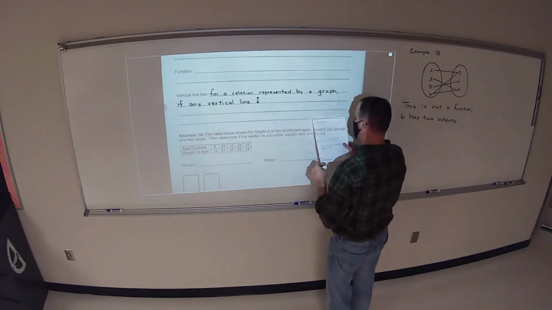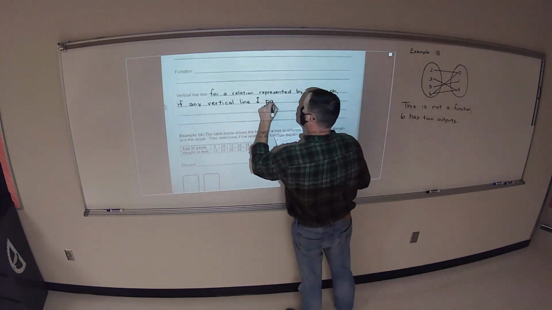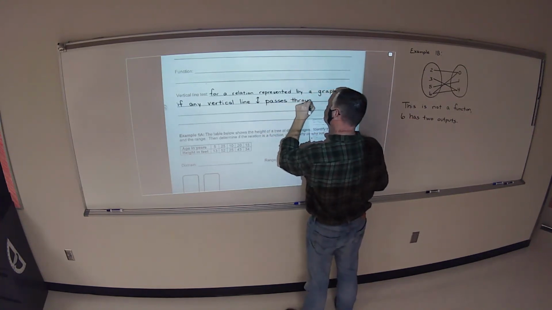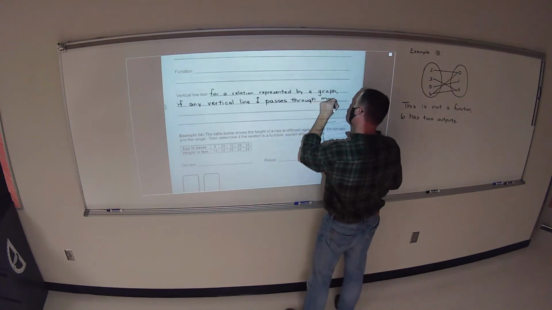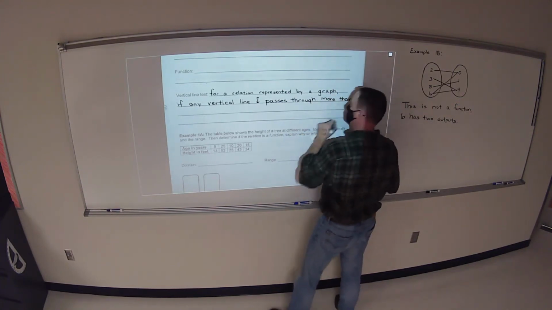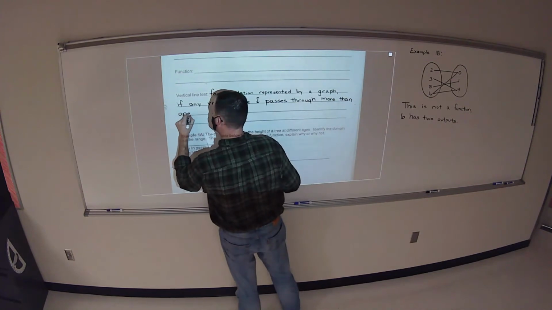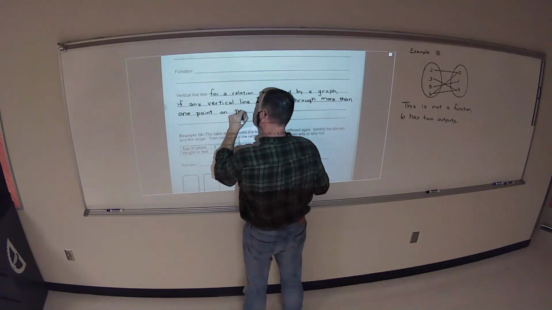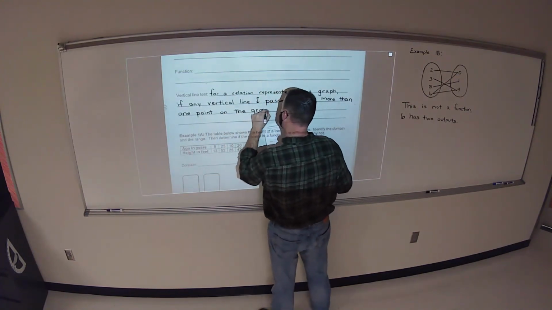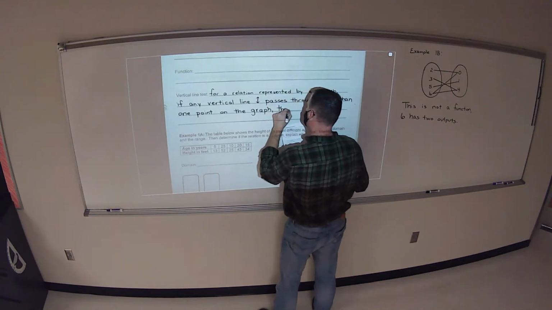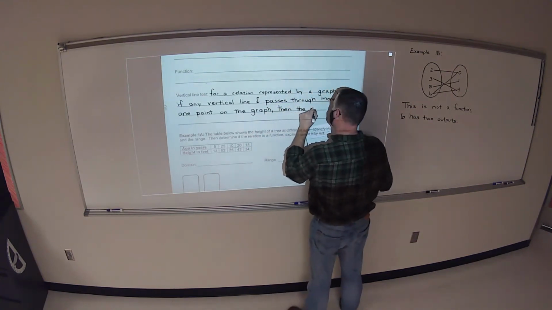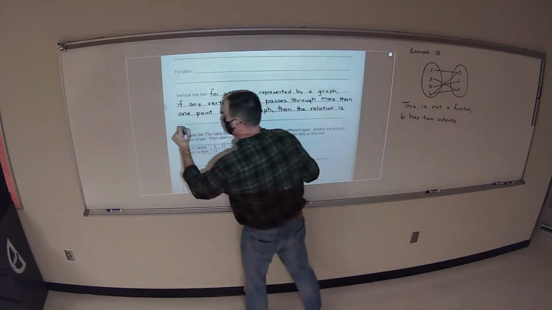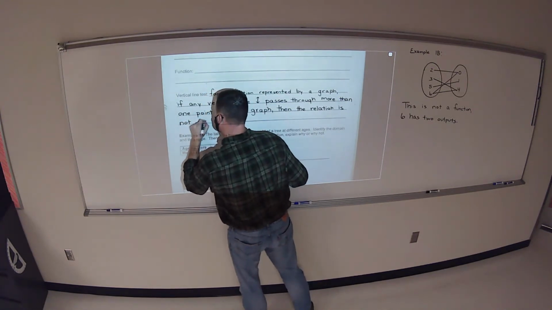If any vertical line passes through more than 1 point on the graph, then the relation is not a function.